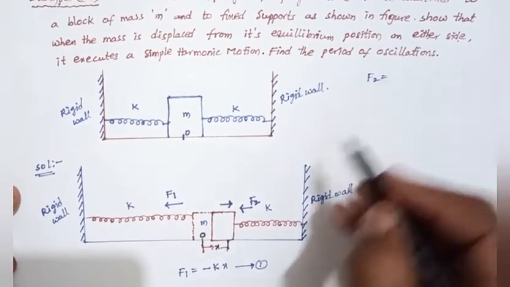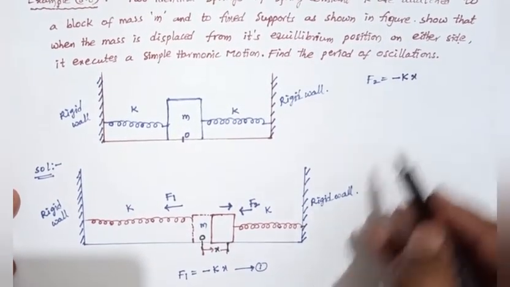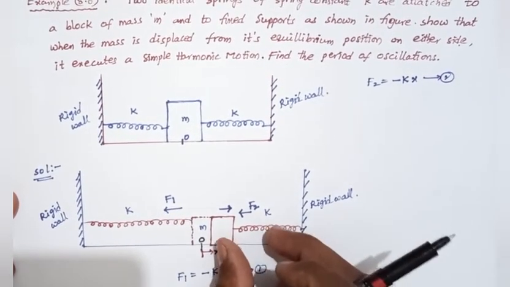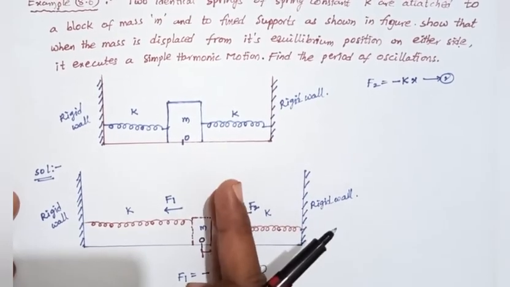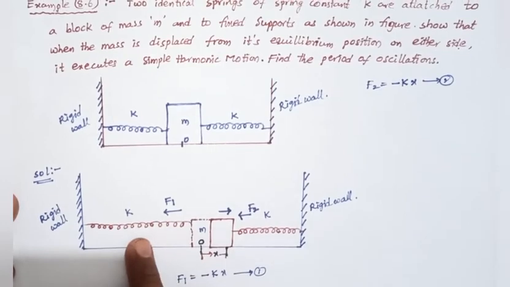So F2 equals minus spring constant into displacement, minus kx. This is equation number 2.